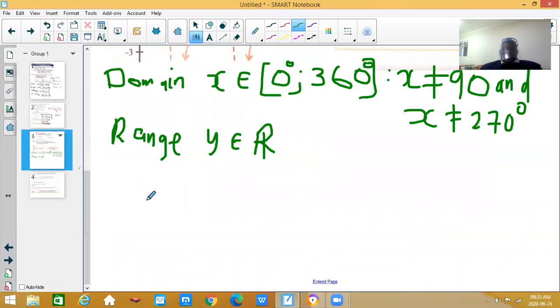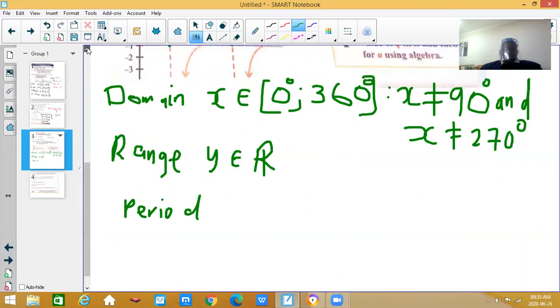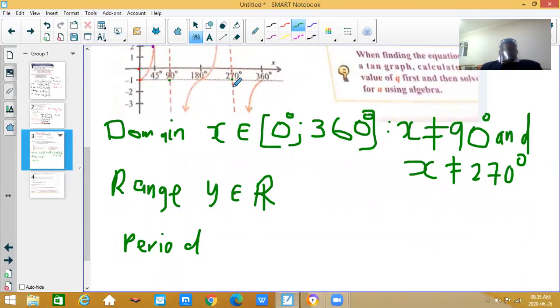On the period that we have, when you look at this number here, that is 270, it is the number that it repeats from 90 to 270.